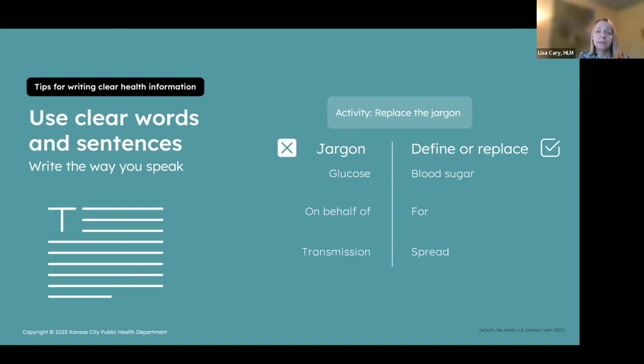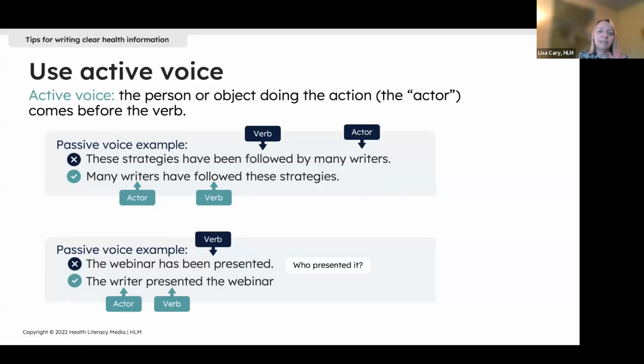The virus spreads from person to person. So again, this is an art as well as a science. These are based on evidence, but you also need to make judgments depending on, again, your purpose and your audience.